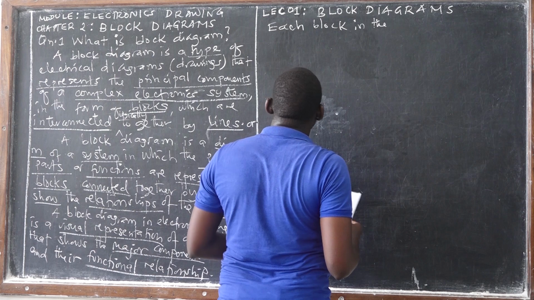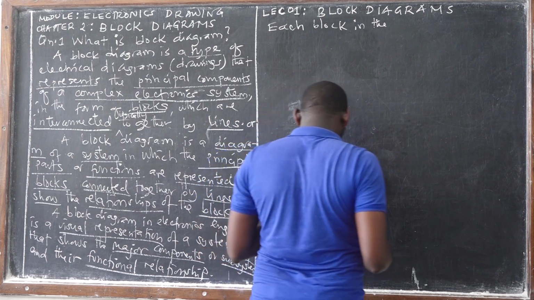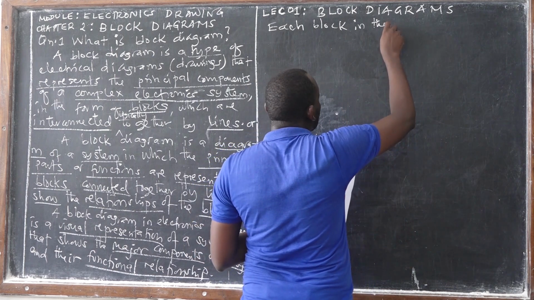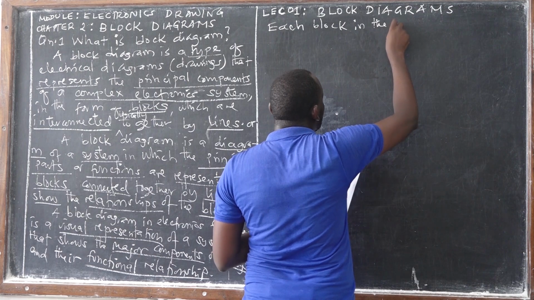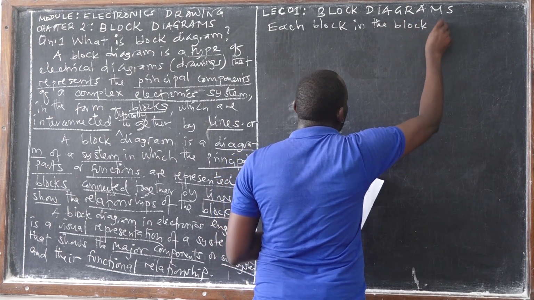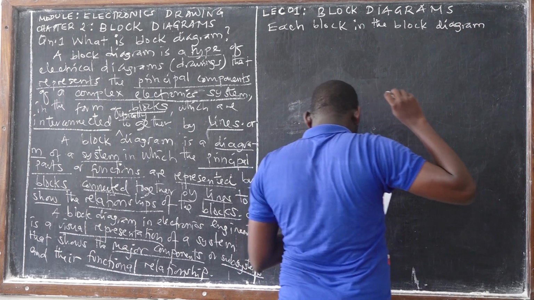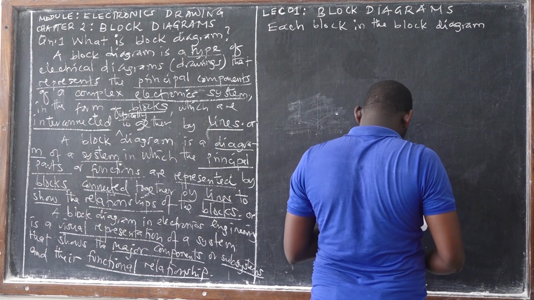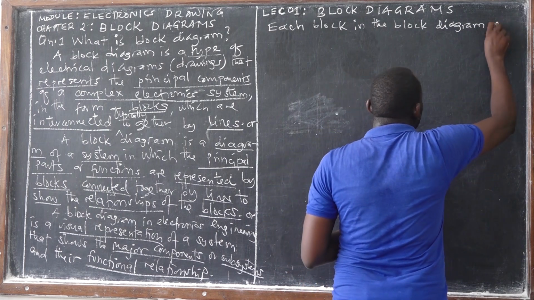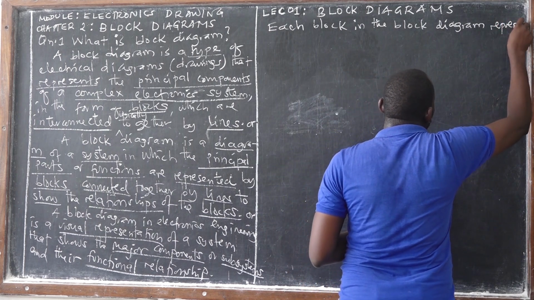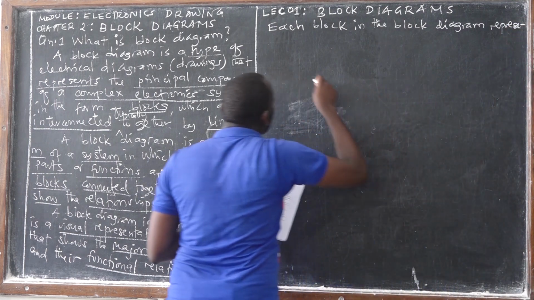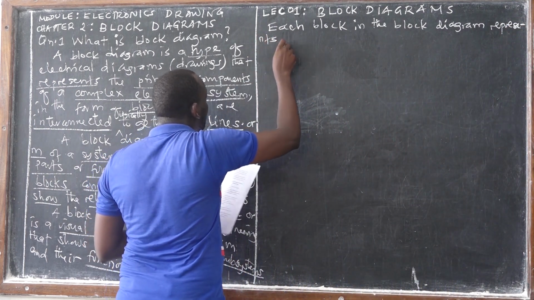1, 2, 3, go. A block diagram is a type of electrical diagram that represents the principal components of a complex electronic system in the form of blocks which are interconnected logically together by lines.